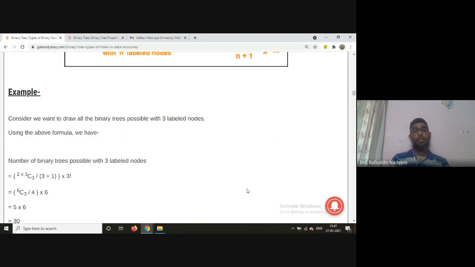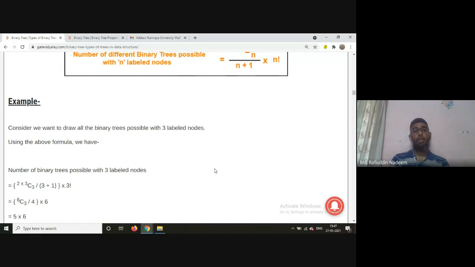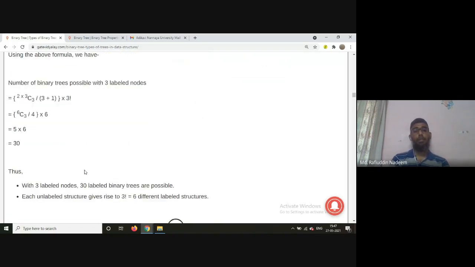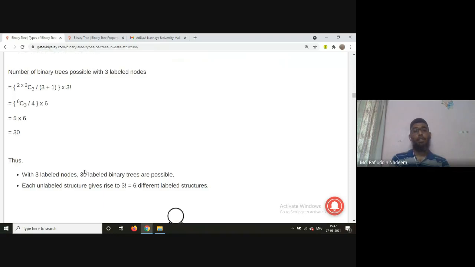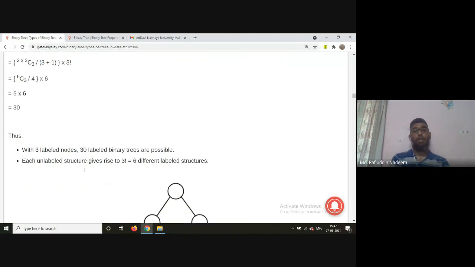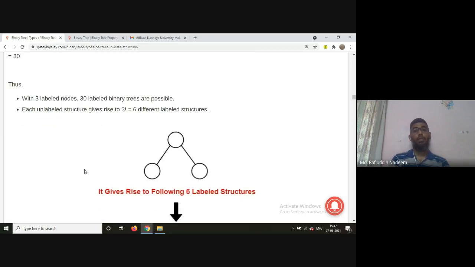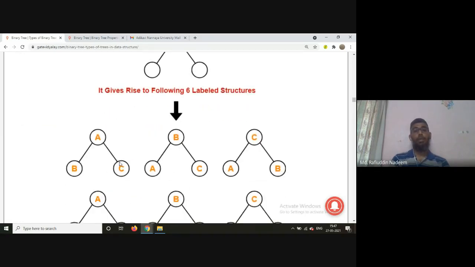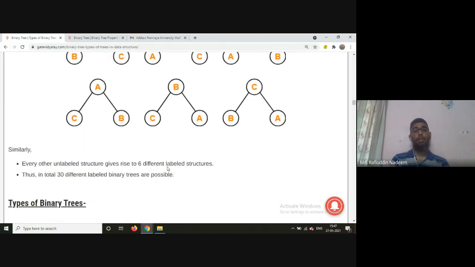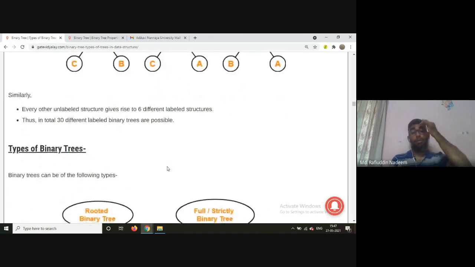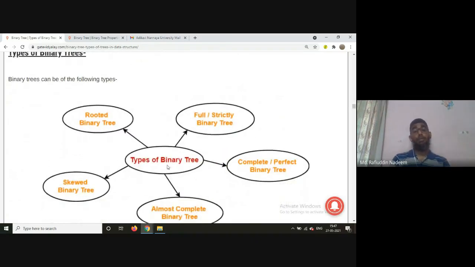If n is 3, we have 5 into 3 factorial, that is 5 into 6, 30 different kinds of labeled binary trees. For each combination we have 6 arrangements. If ABC is taken, we have ABC, then BAC, then CAB, like that we can form different arrangements. Up to here we have discussed already in the previous class.